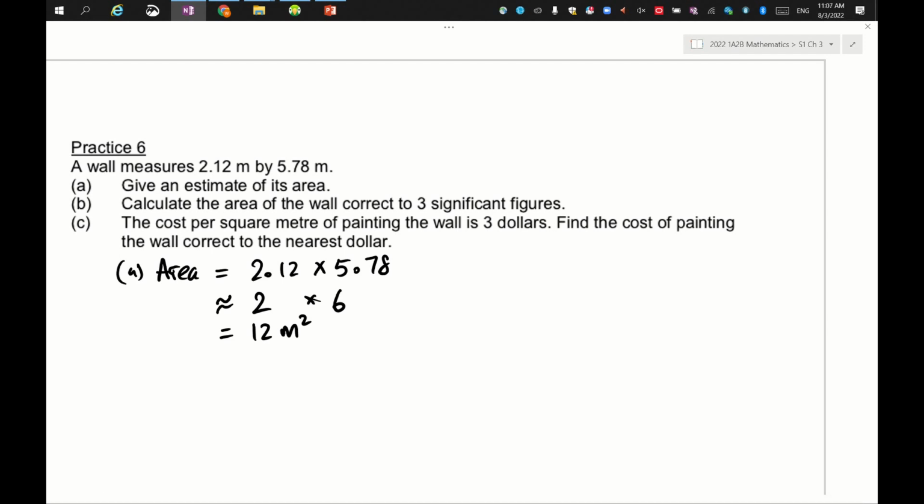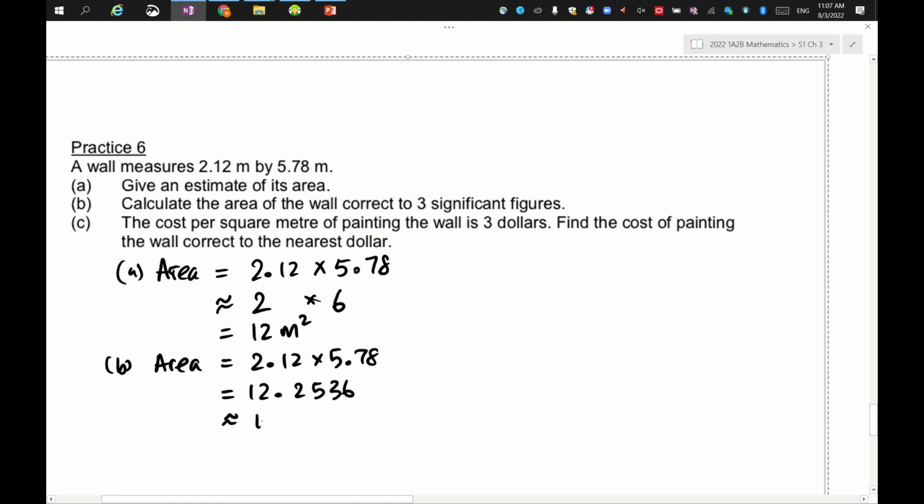Calculate the area of the wall correct to 3SF. Okay, correct to 3SF. So area, this time we need to put the exact 2.12 times 5.78, 12.2536. Round it off to 3SF, 12.3 square meters.